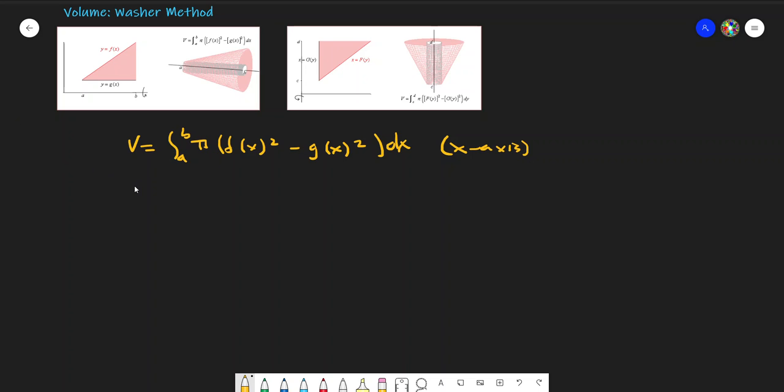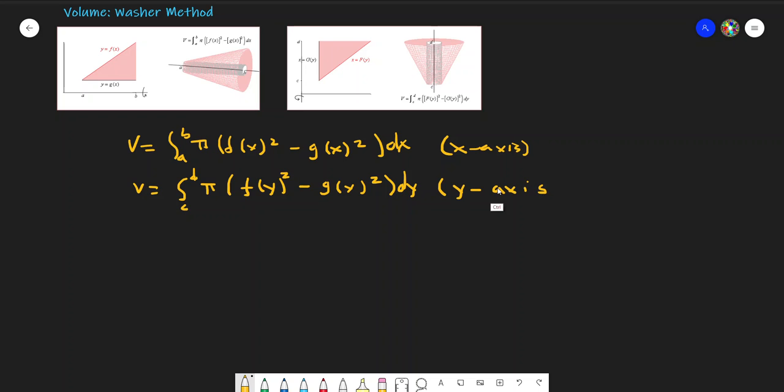The other is that if you have a region from c to d, then the volume is the integral from c to d of pi times f of y squared minus g of y squared, and then you just use the differential dy. But this is with respect to the y-axis.